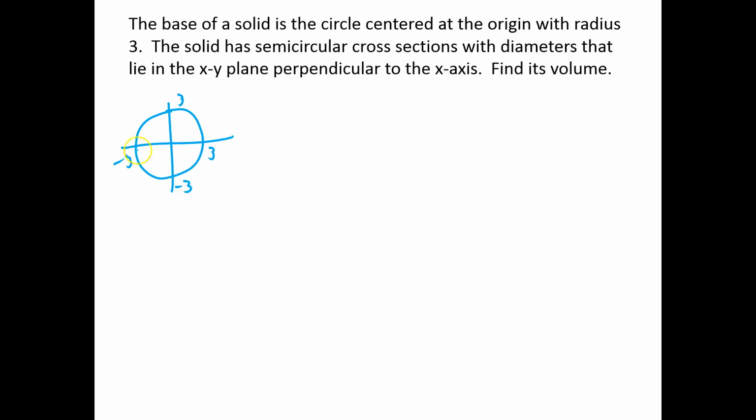So what that means is if we think about the stick, perpendicular to the x-axis, right? So the stick here, these are all going to be diameters of circles that are popping out of the screen towards you. So the way you usually see this done is you lay down the circle. So we're going to kind of try to graph in 3D here. So our circle looks something like this.